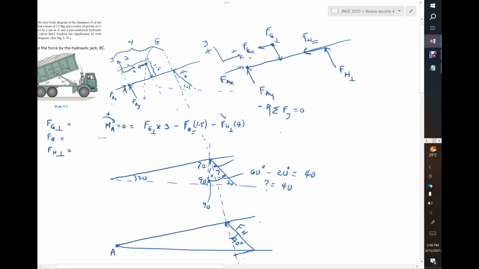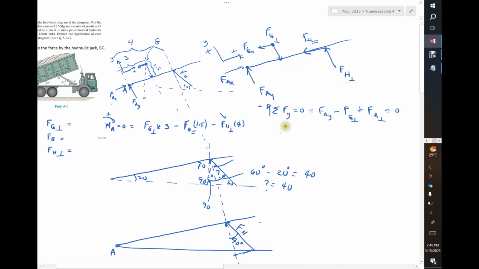So that means that here, if we are talking about the y, that's going to be FAy, positive going up, minus whatever is coming down, which is going to be FG perpendicular to the bar, but then plus FH perpendicular to the bar equals 0.